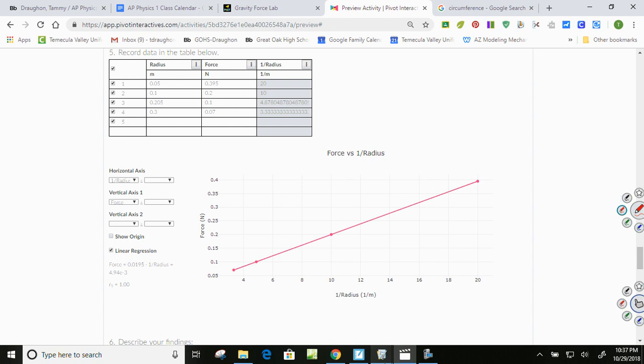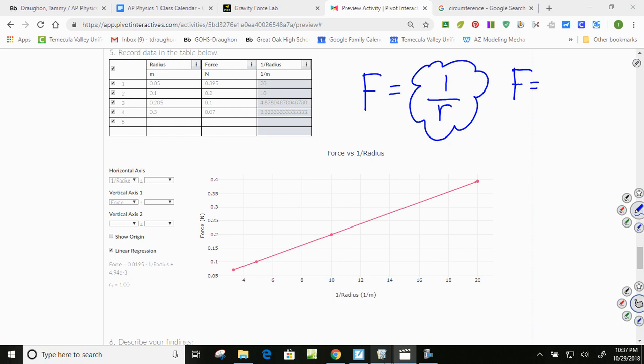So that tells me force has a linear relationship with 1 over the radius. And that means on the right-hand side of that equation, somewhere I have 1 over the radius. If I want to combine that with what I figured out already about the mass, I end up with something on the right that is mass over radius. And now we need to investigate the third relationship to see if we can put it all together.